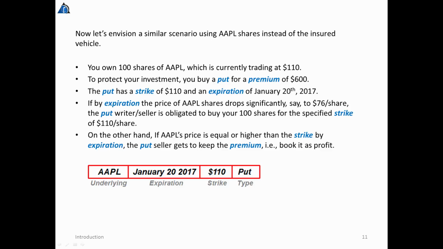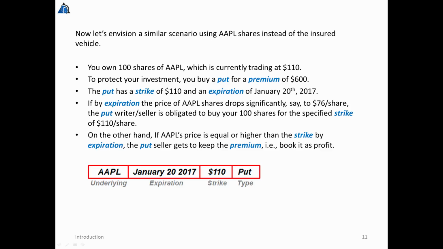Say 5 months from now. To protect your investment, you buy a put for a premium of $600. Now, this is no different than when you bought a put from the insurance company to protect yourself and your car against any unforeseen accidents.